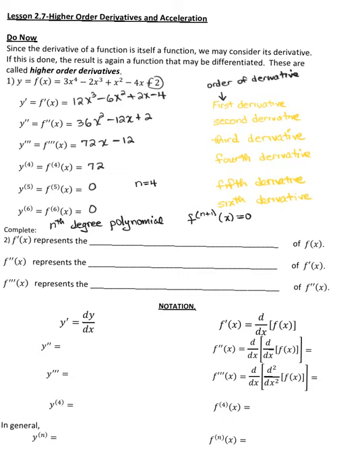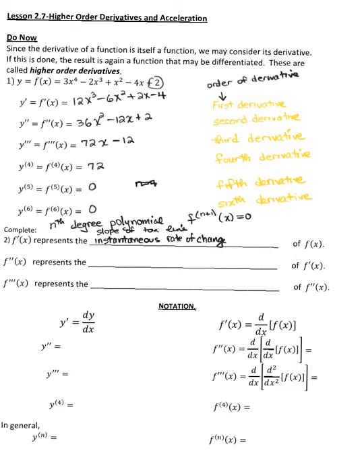All right, so let's see what this represents geometrically. So the first derivative of f represents the instantaneous rate of change of f. We could also say the slope of the tangent line on the graph of f.